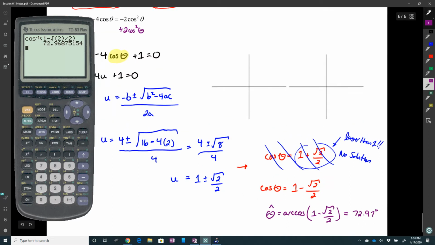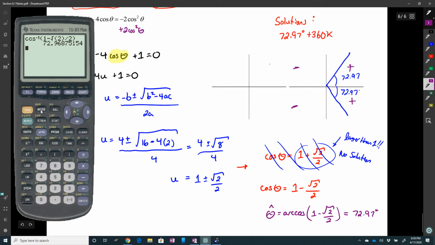And so cosine is positive, so I'll do it over here to give myself more room. Plus, minus, minus. So I have 72.97 this way and 72.97 that way. If I look at my solutions, the first one is just 72.97 plus 360K.